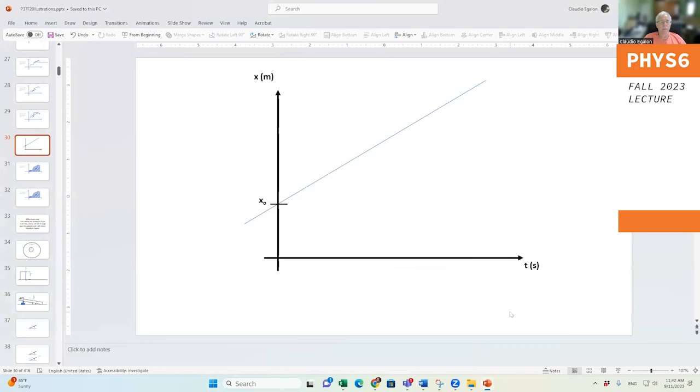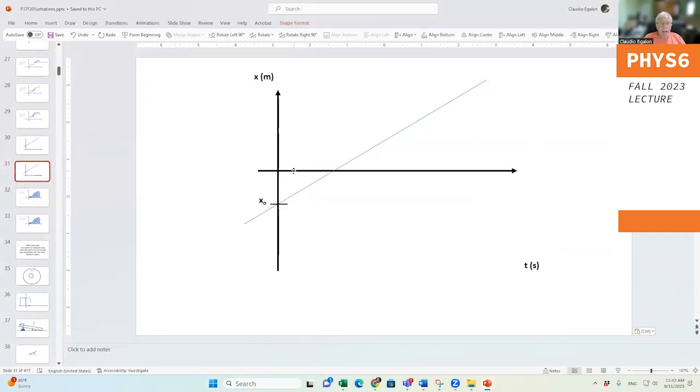Notice that I put the units, meters and seconds. That's how it looks. The graph can be like that, you know, all sorts of different graphs.